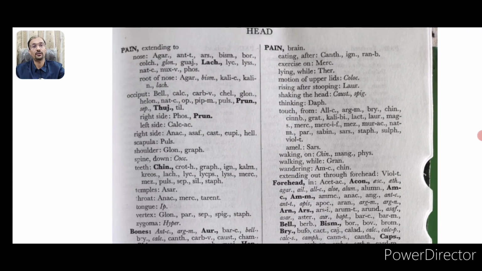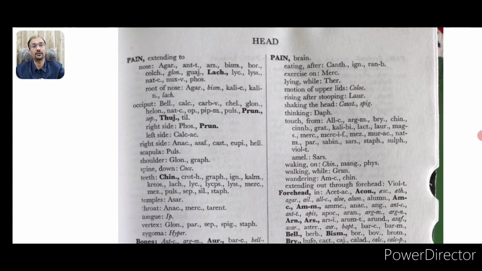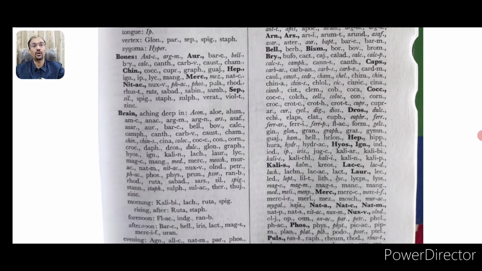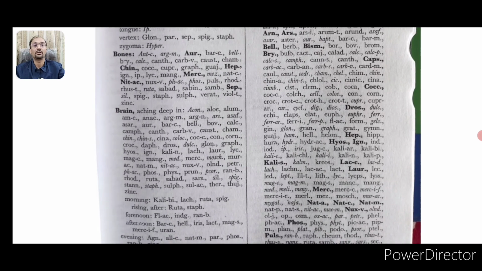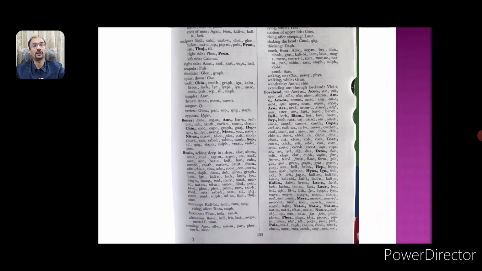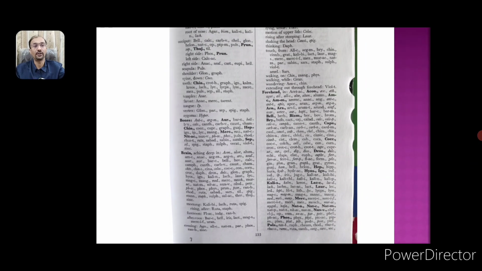The sub-rubrics are given in simple Roman letters. Sub-rubrics are written one indentation inside the rubric, so you have to follow these indented areas. A few locations are written in bold letters just to differentiate them from the sub-rubrics and rubrics.